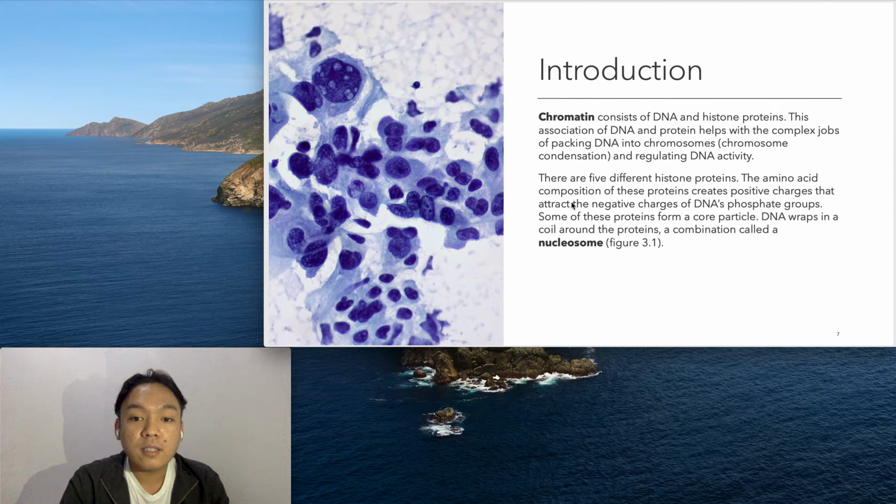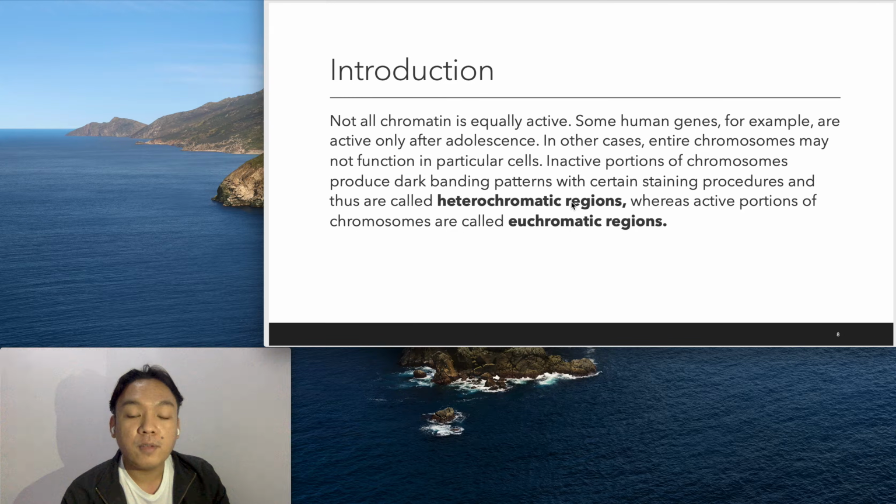The amino acid composition of these proteins creates positive charges that attract the negative charge of the DNA's phosphate groups. Some of these proteins have a core particle, and DNA wraps around the proteins, a combination we call nucleosomes. So for us to understand the organization of your chromatin, DNA, and chromosomes, we will be viewing a figure later on.